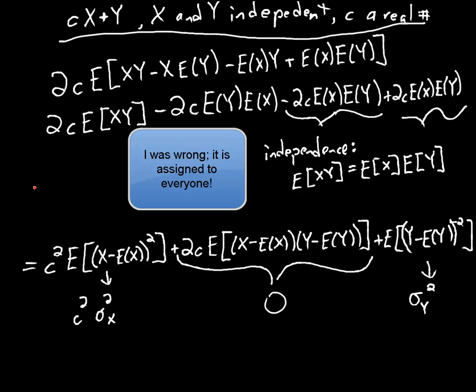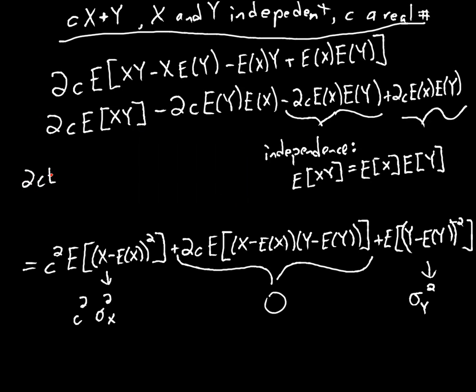So since we have that, this expression is 2c expectation of x, expectation of y, and I switched to parentheses just because I'm used to doing that when I have a less complicated expression inside, minus 2c expectation of y, expectation of x.